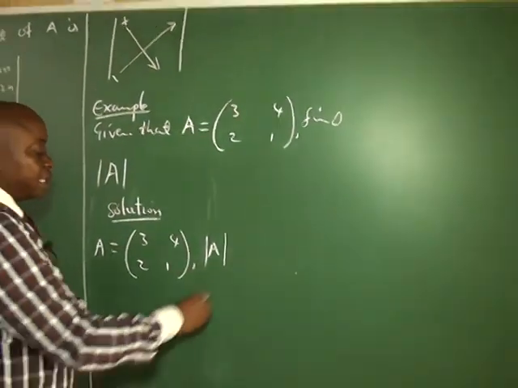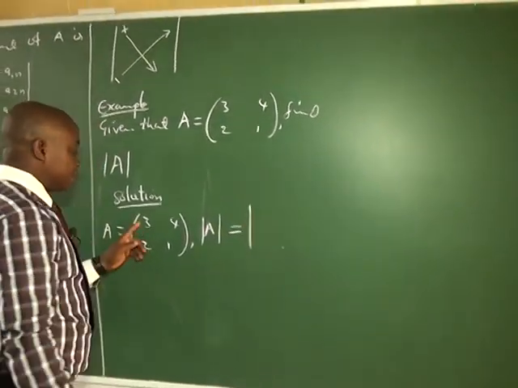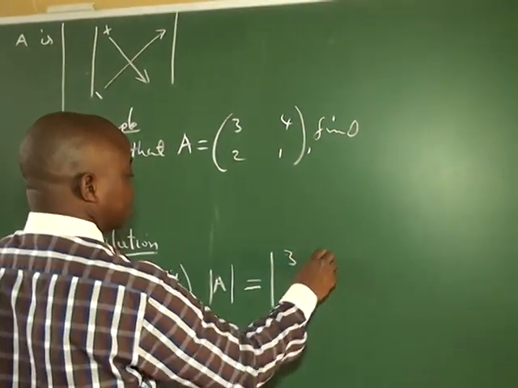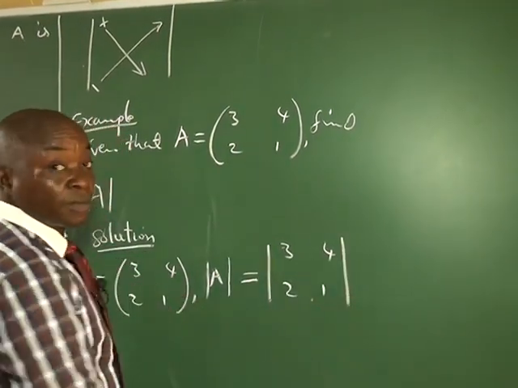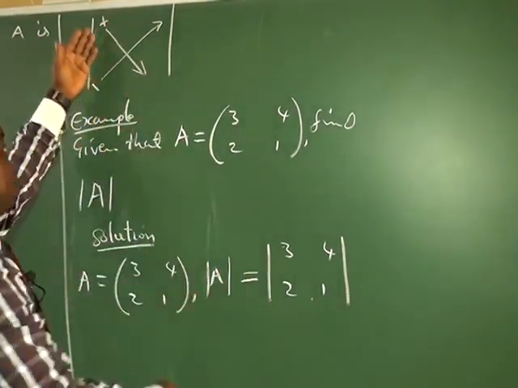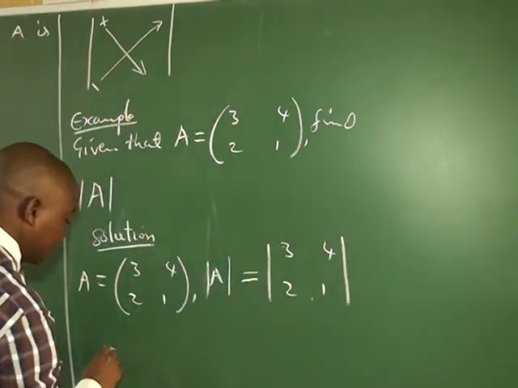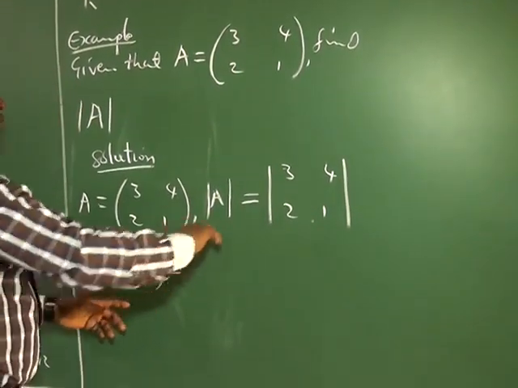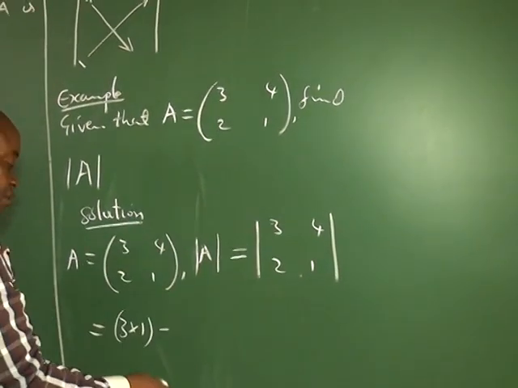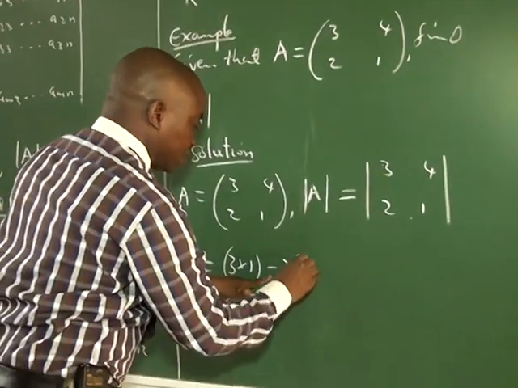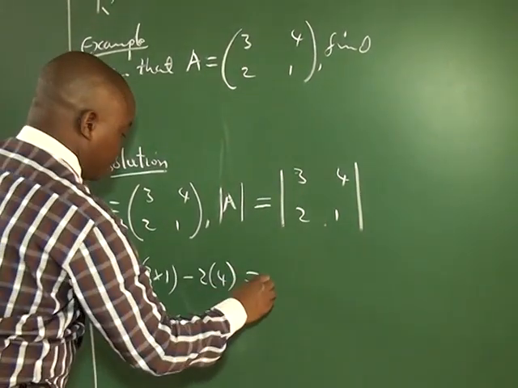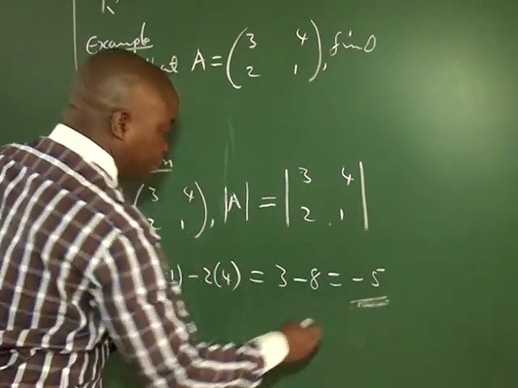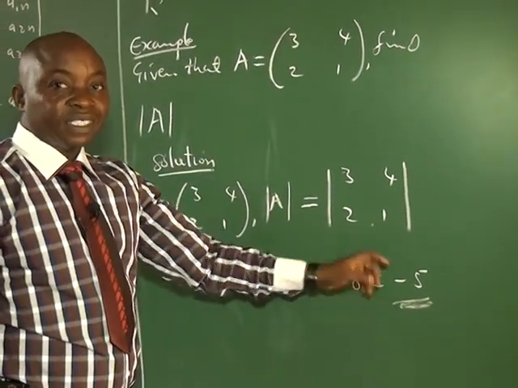Now the determinant of A will be, notice that I've changed the large bracket to this bar that shows a determinant: 3 times 1 minus 2 times 4. That will give me 3 minus 8, which is minus 5.